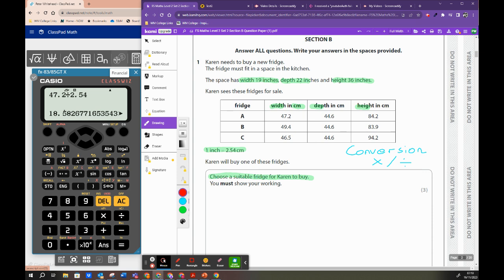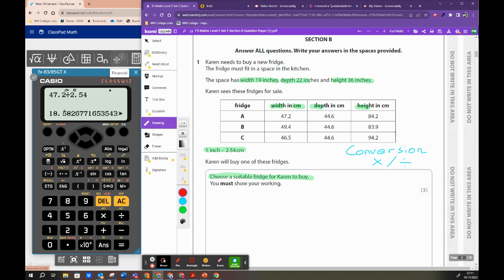Okay, so the first thing I'm tasked with here is that I need to be comparing like with like. So I can't have inches here and centimetres here. I've either got to work all in centimetres or all in inches. So which one do I do? Well, to me, it's quite simple. I've got 3 values in inches.